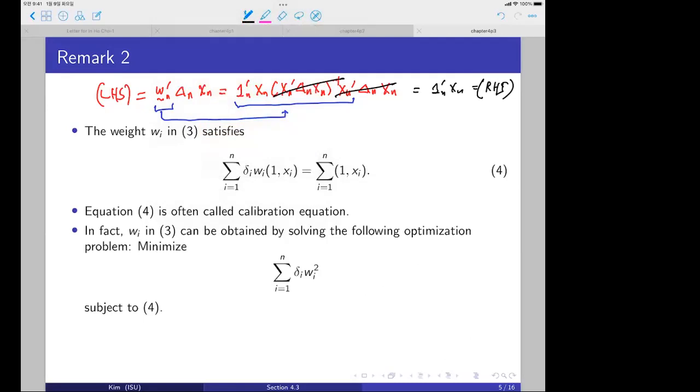So we minimize this guy subject to the calibration constraint.